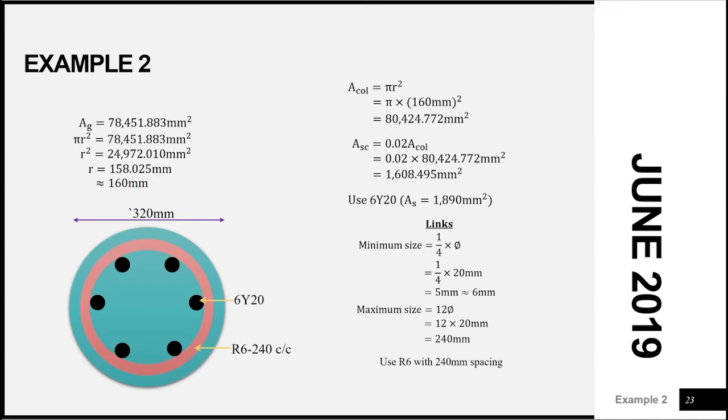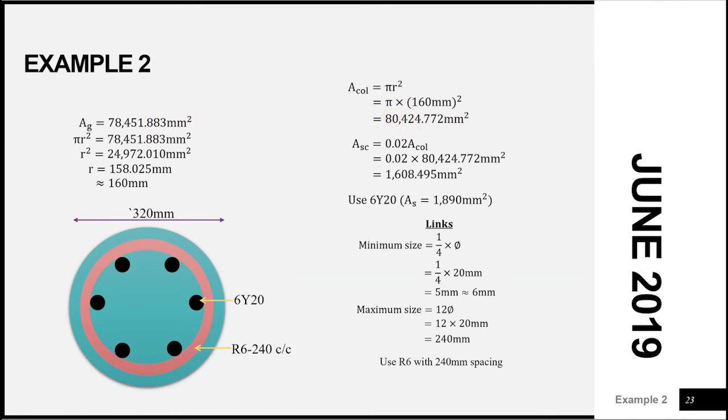Okay, so daripada the actual radius of the column, we going to find the actual area of the column using the formula of pi r square lagi, because kita nak dapatkan area dia kan. Okay, so you akan dapat, masukkan je radius ni lah, 80,424.772.